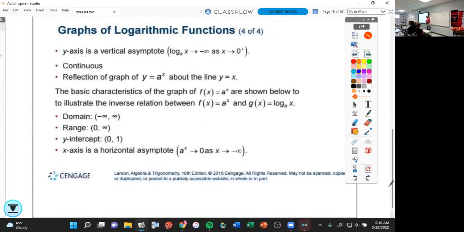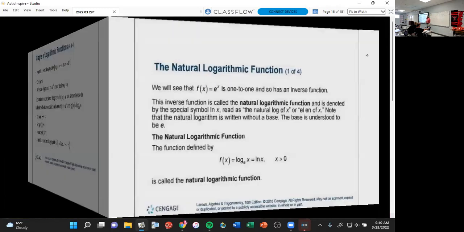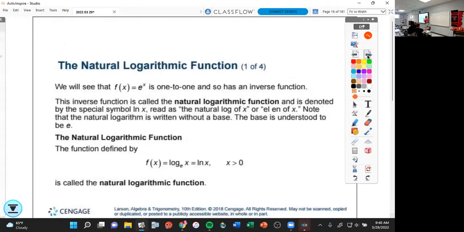More properties there. Moving on. What about e to the x? What's it going to look like? It's going to look the same, folks, right? E is just a number, 2.718. So instead of 2 to the x power, we have e to the x power.